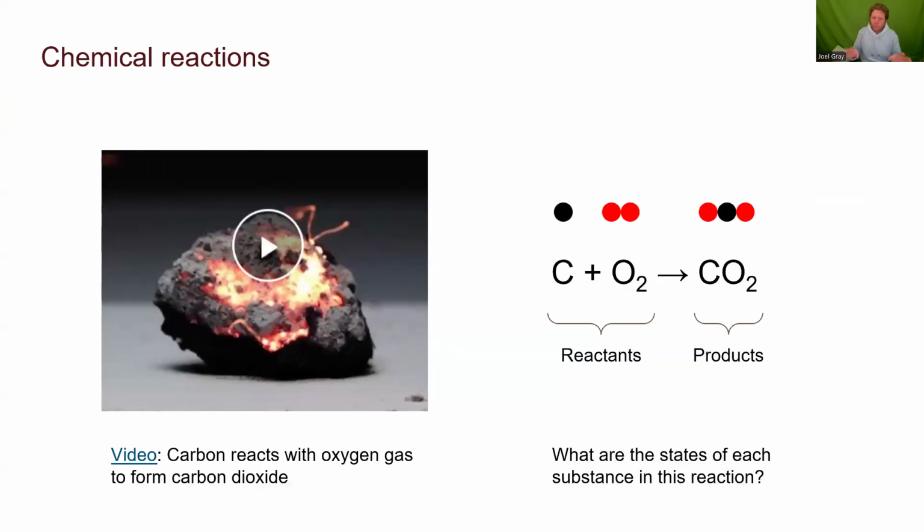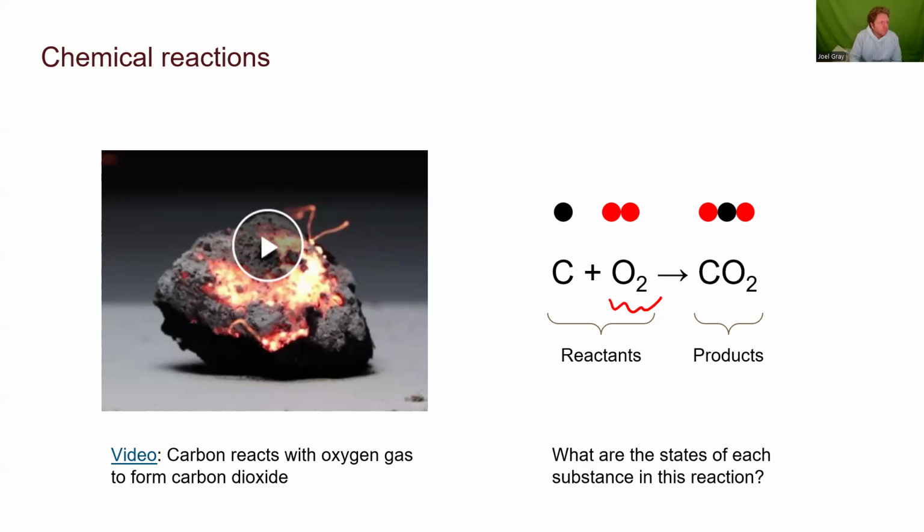Now, what we're talking about today and what we're going to be getting into are chemical reactions. We've already looked at some of these, but now we're going to be talking about the parties involved. This is a great example because it highlights O2, one of our diatomic gases.